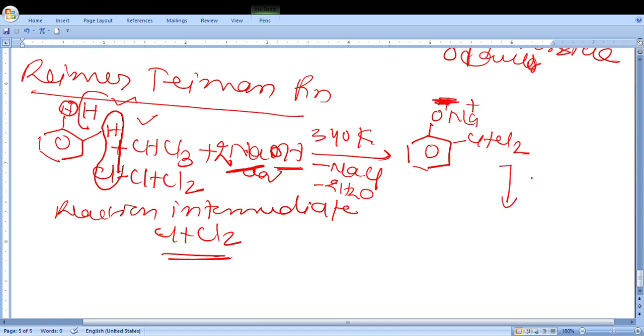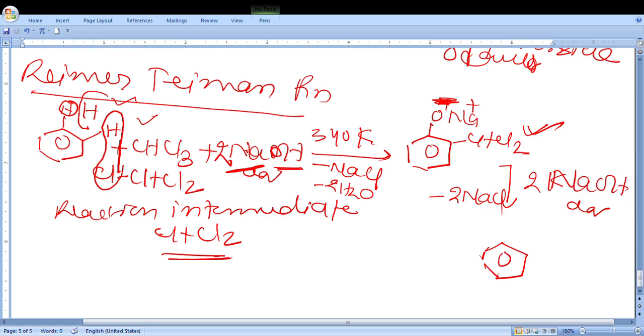After that, two more aqueous NaOH will be taken to cause the substitution of these two chlorine. So here 2 NaCl will be removed to form ONa, CH(OH)(OH). In place of two chlorine atoms, there will be two OH.